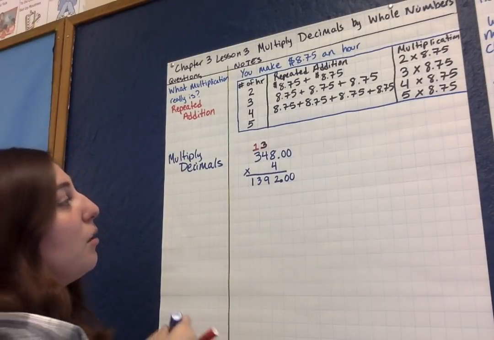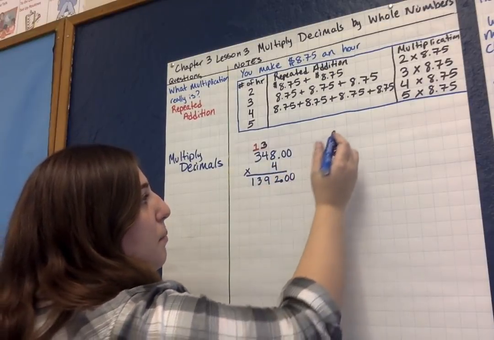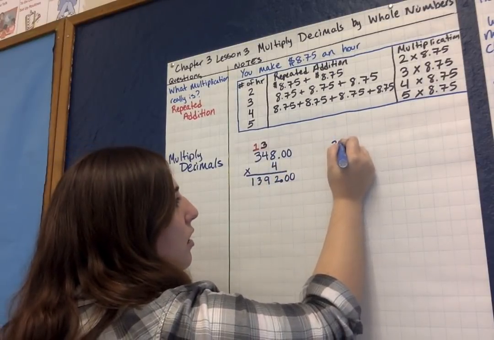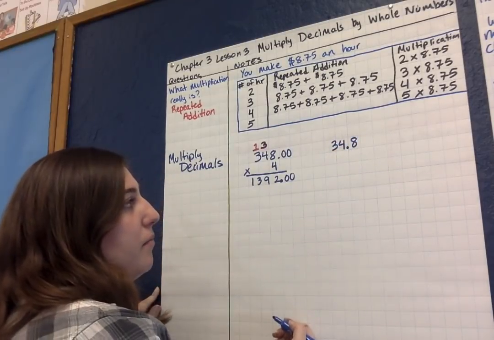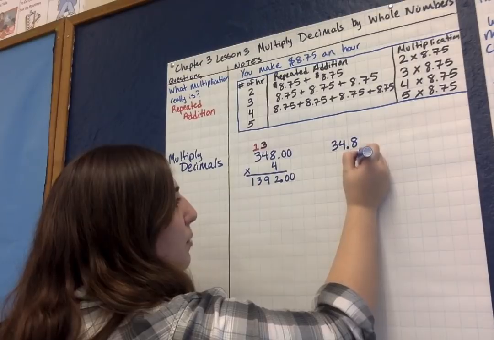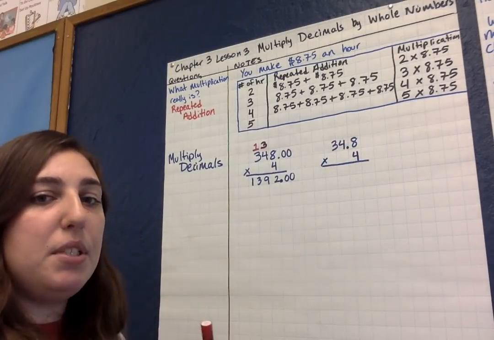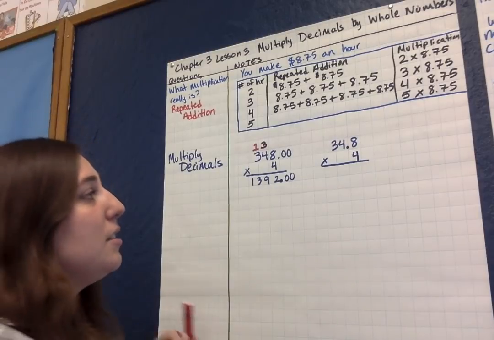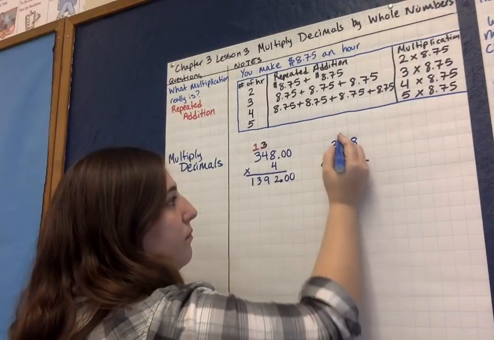Okay, let's do another one. Let's say that this wasn't 348, but it's actually 34.8. So I have my decimal right here. And I'm still multiplying it by 4. Okay, let's see what happens to the number when we change it and the decimal is in a different spot. So 4 times 8 is 32.